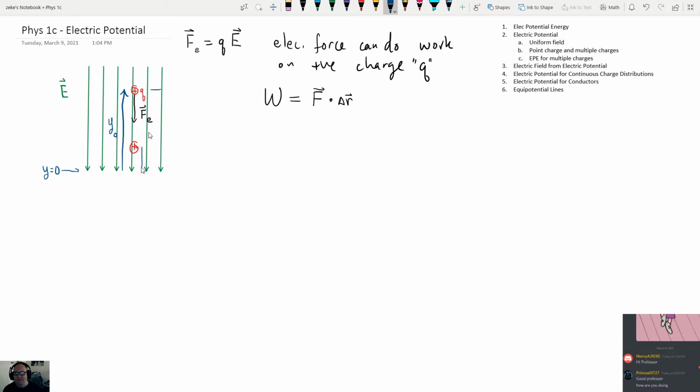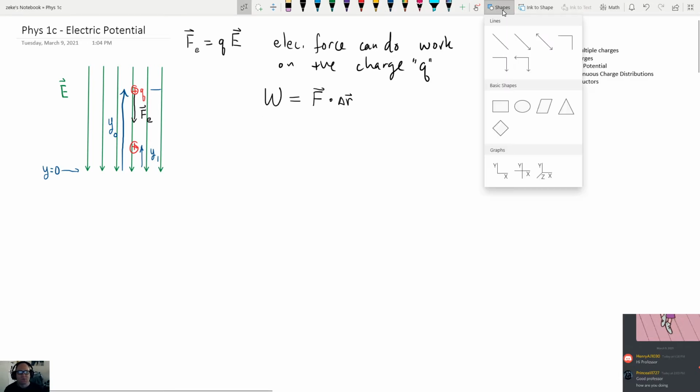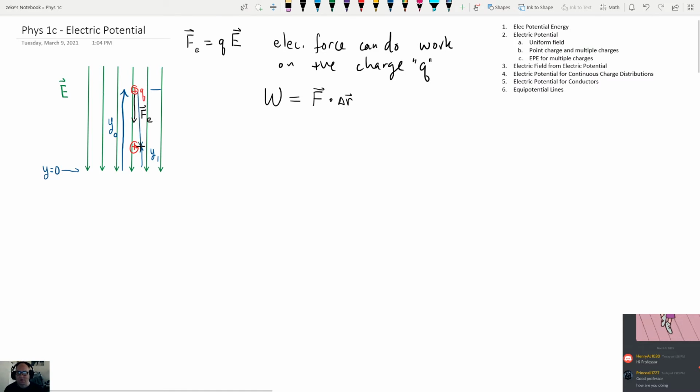Let's say that it moves down to a y-coordinate that we call maybe y1. So the particle goes from y0 to y1. The displacement of the particle, let's use an actual vector for this, goes this way. We call that displacement maybe delta y or something like that.